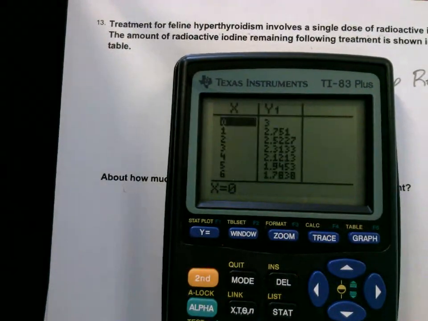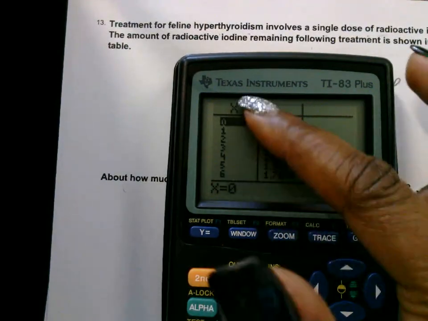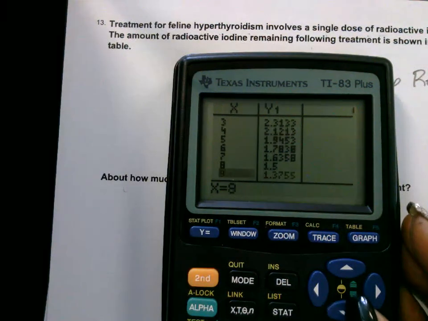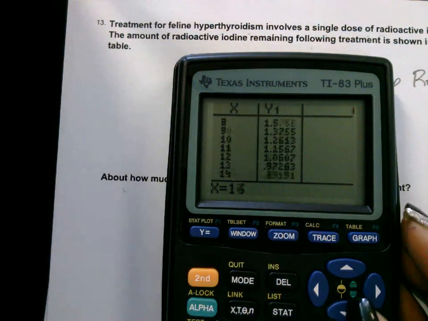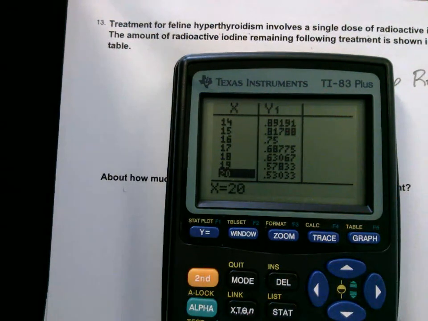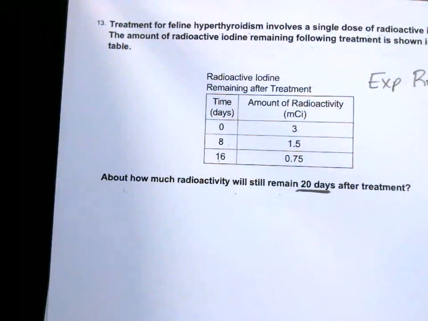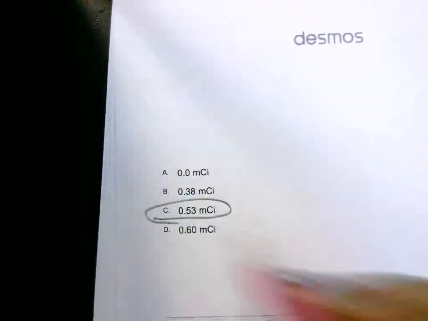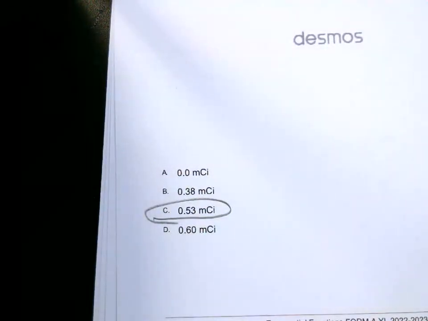And then we're going to go down to 20 days. And what is it after 20 days? 0.35033. Very good. Which answer choice is going to be the best answer choice here? C. Okay, C is the best answer choice.